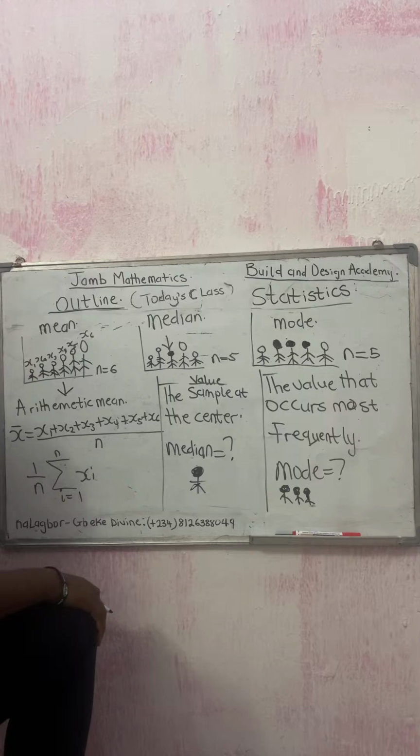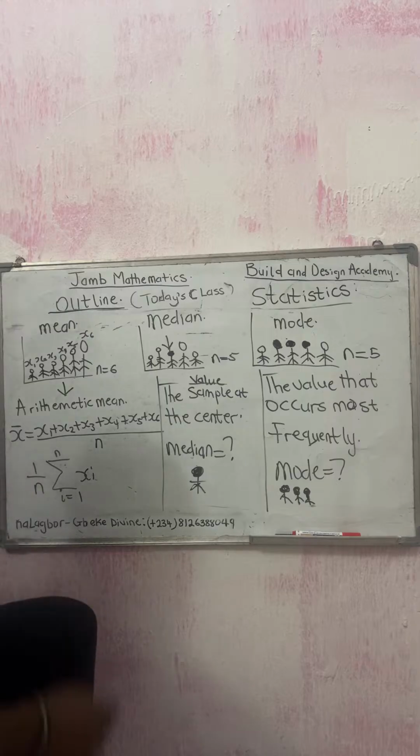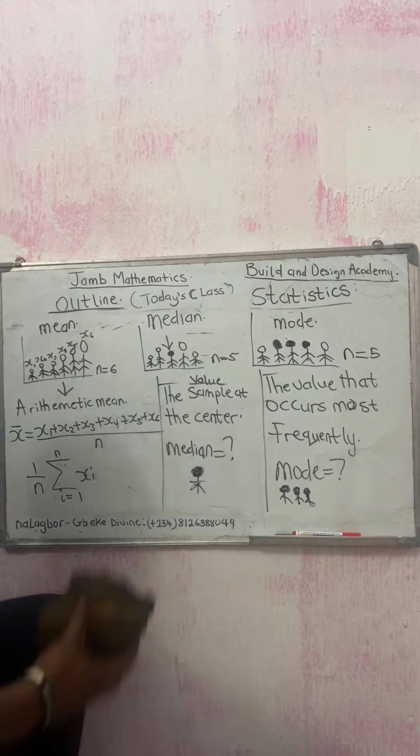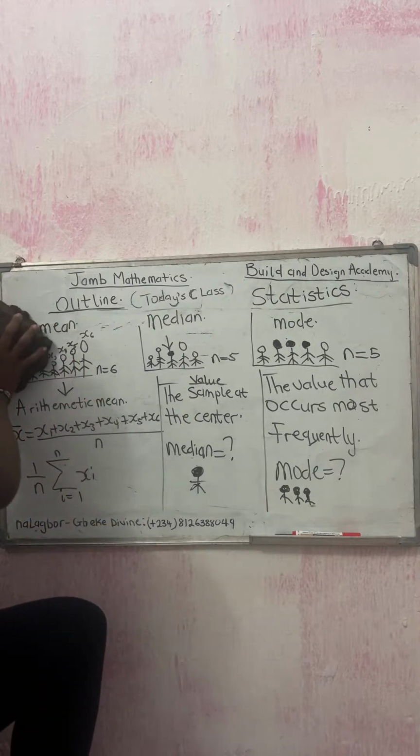These are all different terminologies we use in statistics. So please take note of that. Now, let's look at those things I just mentioned: standard deviation, range, and interquartile range.